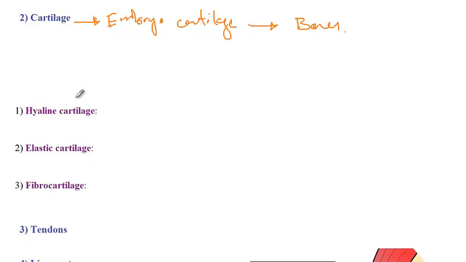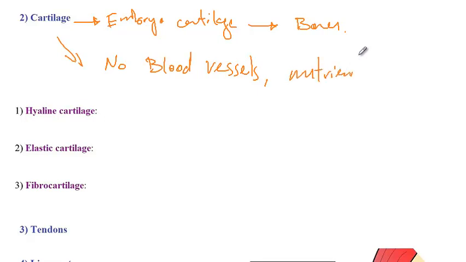Another feature of cartilage that I would like to discuss with you is that they have no blood vessels, as a consequence of which their nutrient supply has to be carried out via diffusion from nearby blood vessels. Okay, so no blood vessels, so nutrients are being transferred by diffusion.